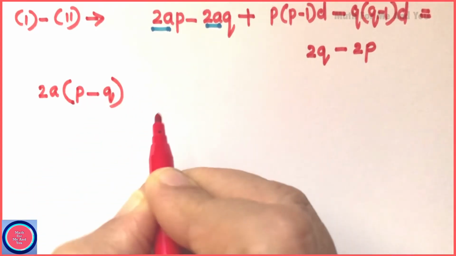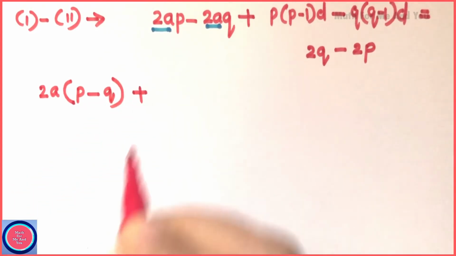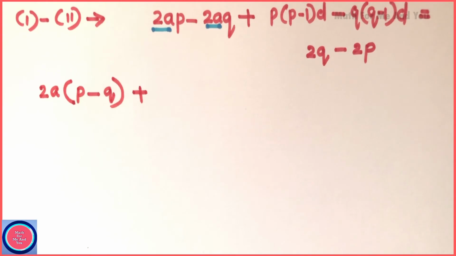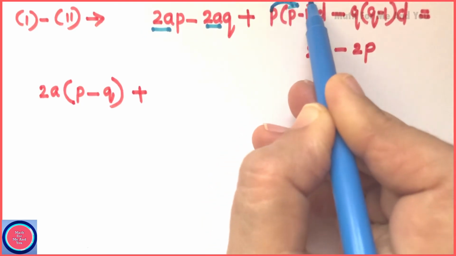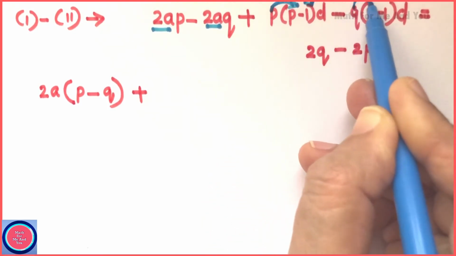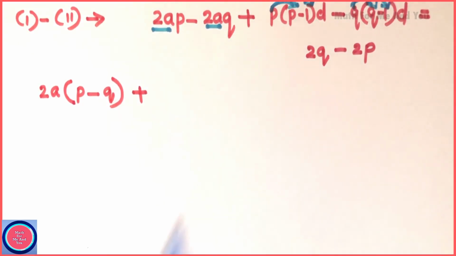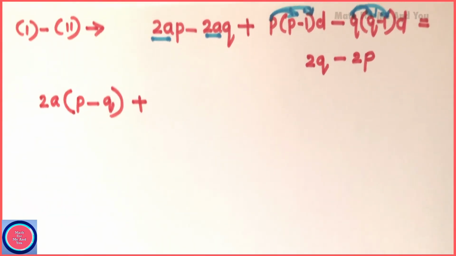See the next term, it is p times (p minus 1) into d. First we can remove the bracket by multiplying with p. How do we multiply this? P times p, then p times minus 1. Same way we can multiply with q, q times q and q times minus 1. We keep d outside.